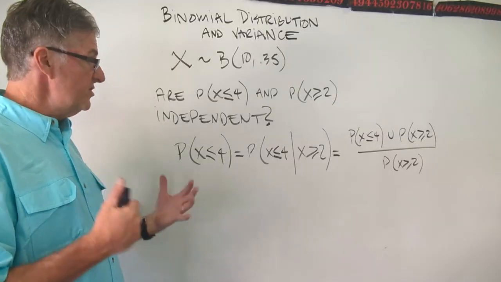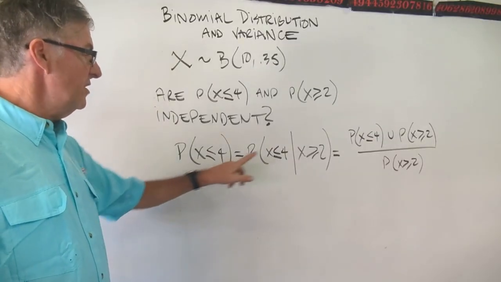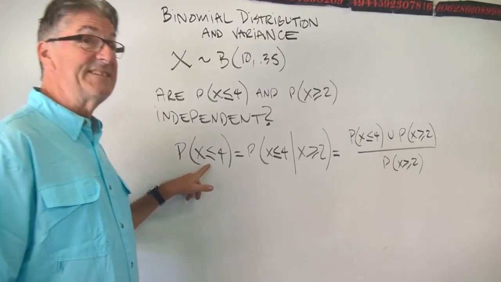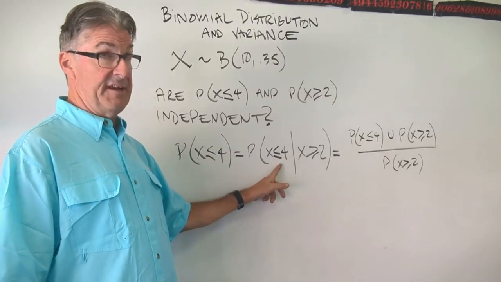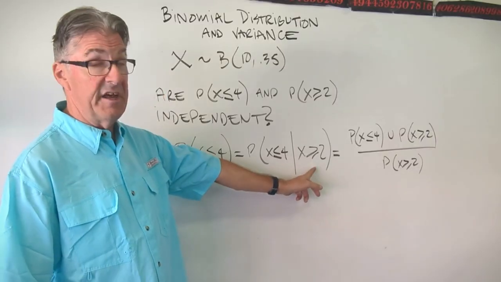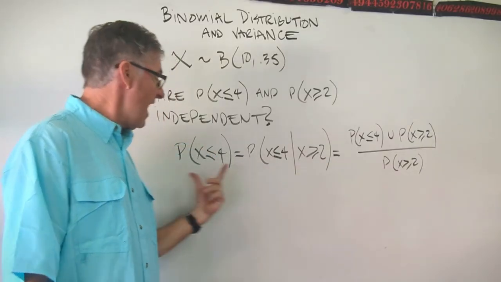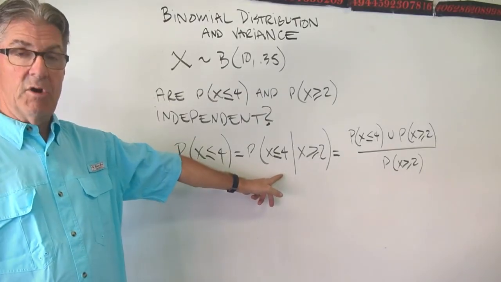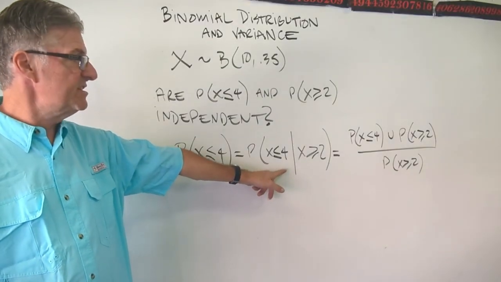Okay, so the first statement is that if these are independent events, then the probability that x is less than or equal to 4 should be the same as the probability that x is less than or equal to 4, given that x is greater than or equal to 2. These two have to be the same for this to work. Now, this one, we already have our answer for. We did this last time.